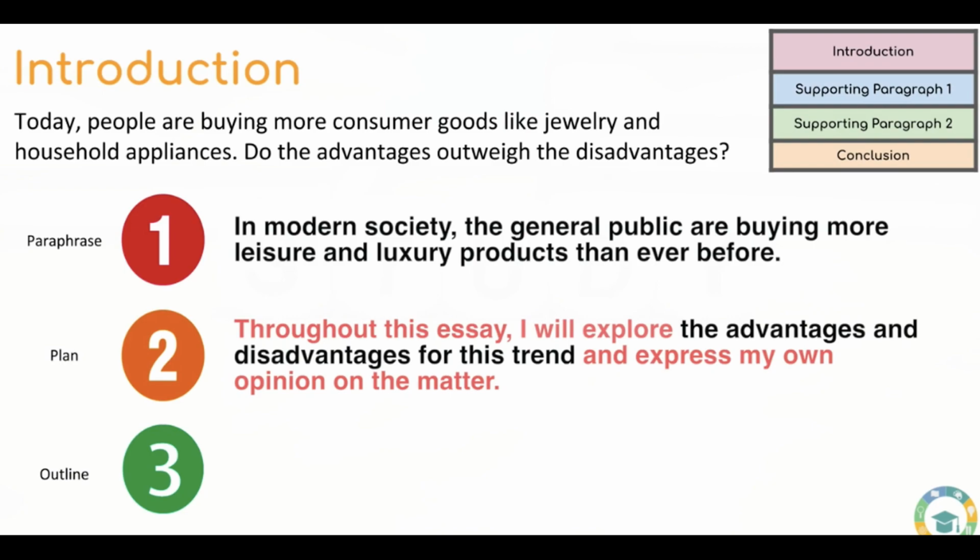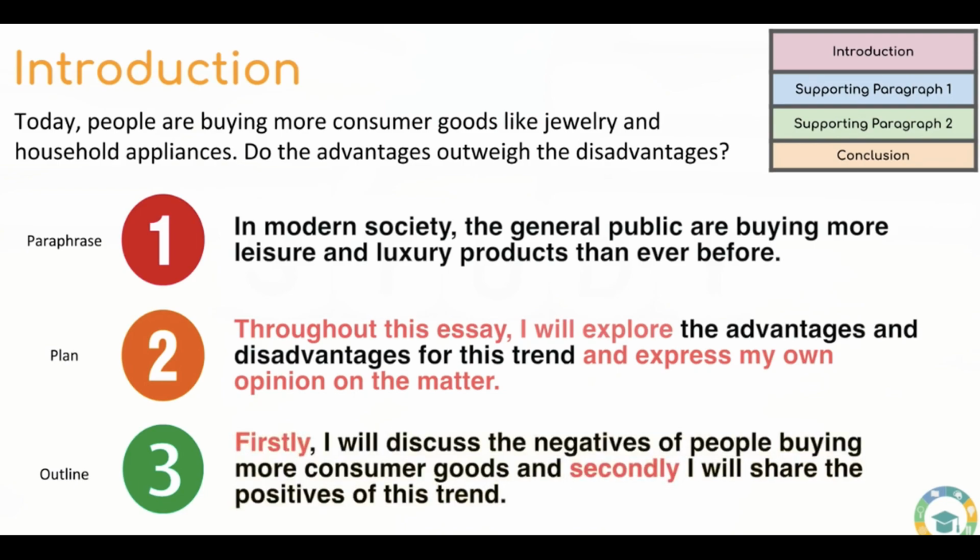You can easily use this in the second sentence of your introduction if you are going to give your opinion, and more often than not, you will be asked to give your opinion. And here is sentence 3, our outline. Firstly, I will discuss the negatives of people buying more consumer goods, and secondly, I will share the positives of this trend. Note here our 2 time openers, firstly and secondly.